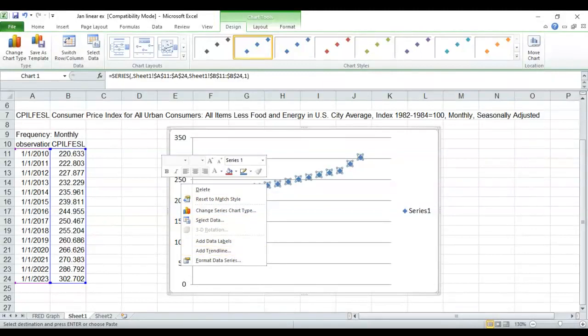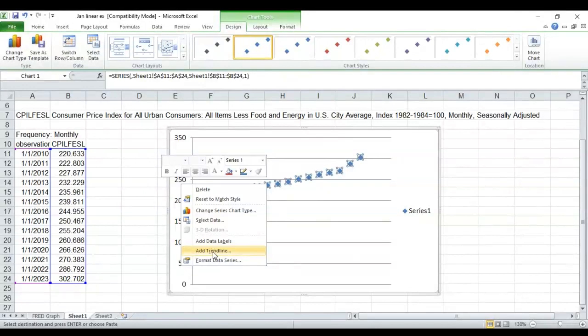I hope you can see this. I can't blow this up. You go down to add trend line. So what we're doing is we're trying to find the line of best fit. You can see that this looks like an increasing graph. So we're going to try to draw the best line we can through all those dots.